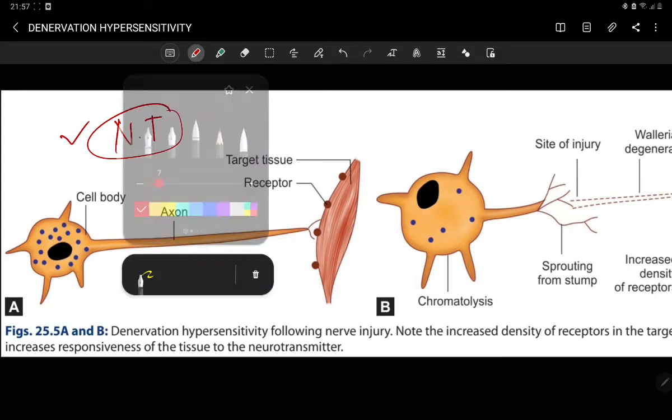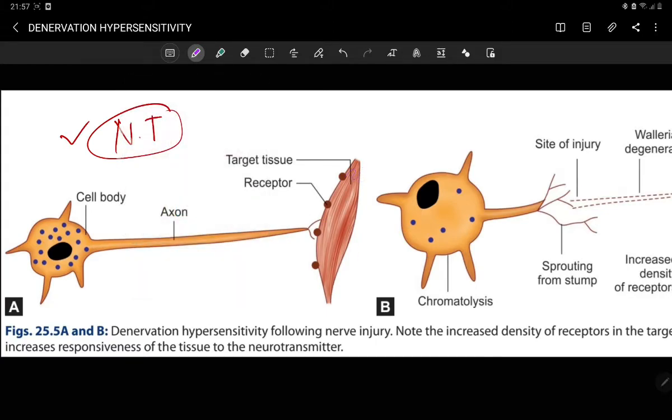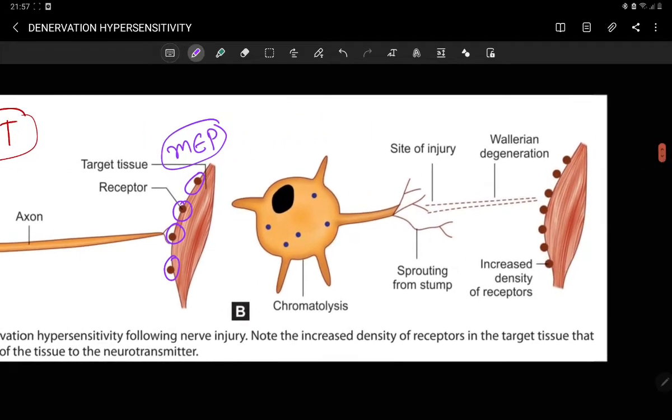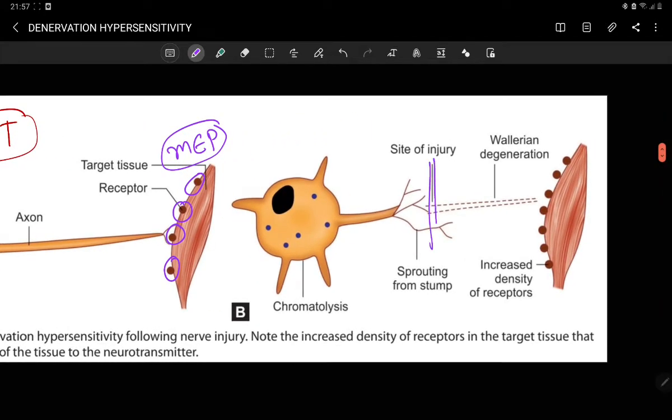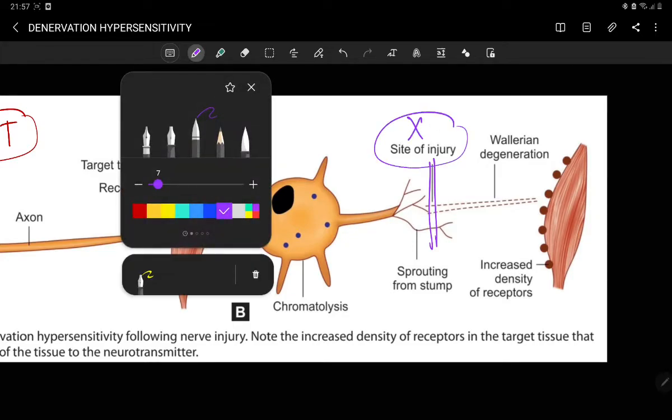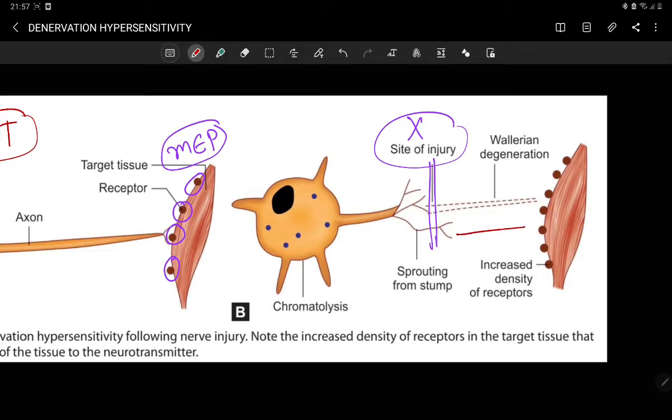You can appreciate that the receptors for the neurotransmitter are located only at the motor end plate, I am writing MEP, region of the muscle. This is the normal condition. Now this is the injured nerve, this is the site of injury, and I already told you anterograde degeneration, which is also called Wallerian degeneration, guys. Due to this, what happens?